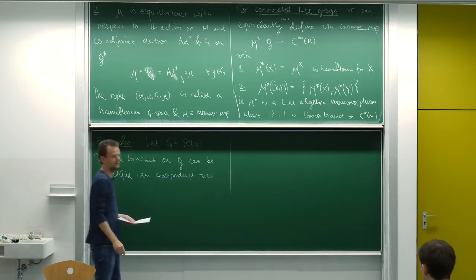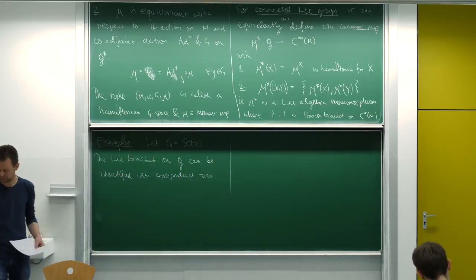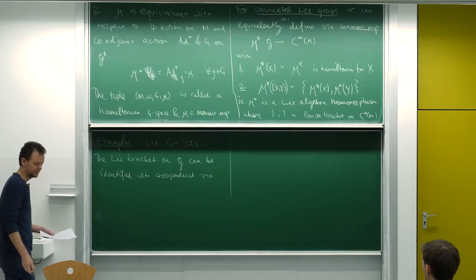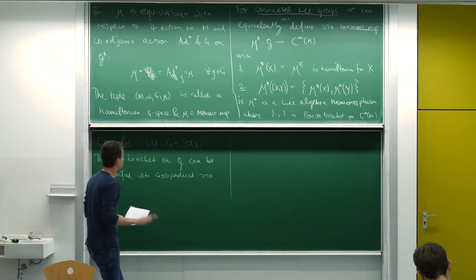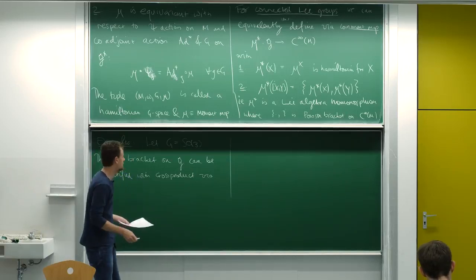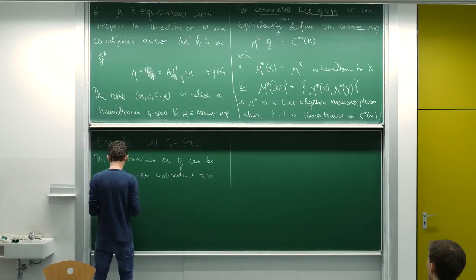Okay, there's all kinds of little miracles that happen when you have simple Lie groups. Here's one of them. So the Lie bracket on the Lie algebra of SO3 can be identified with the cross product on R3. So I'll show you how we do that.